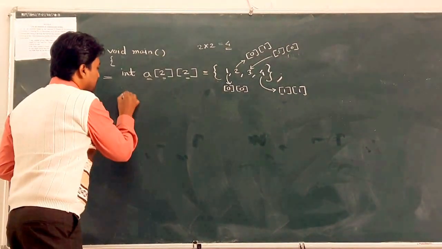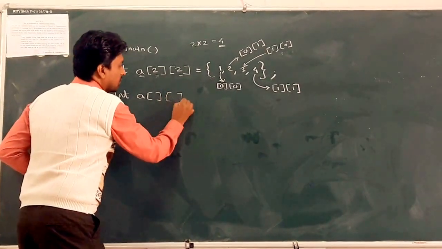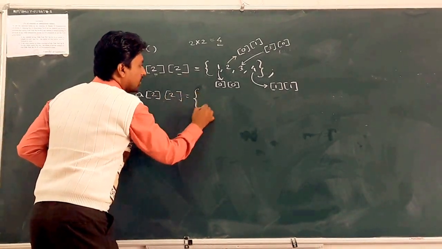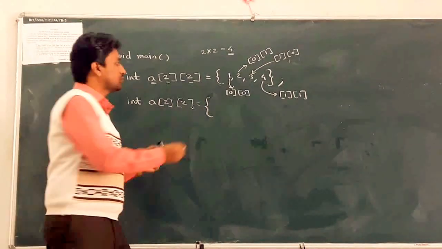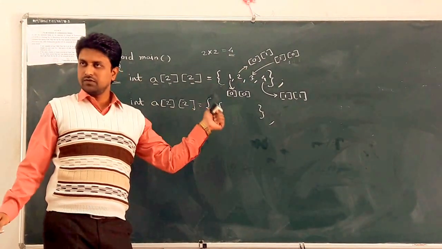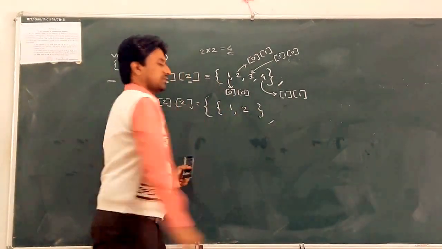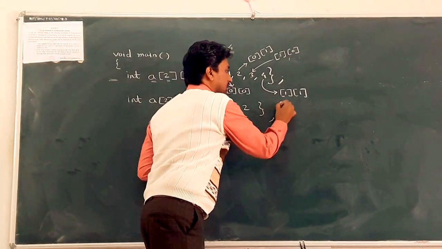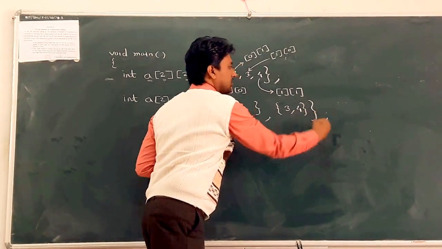This is one type. Second type of initialization: a 2 by 2 array is there. So for the second type, how can we initialize the array using first row elements? Using curly brackets, 1, comma 2, these are the elements of the first row. Comma, elements of the second row, that is 3, comma 4.